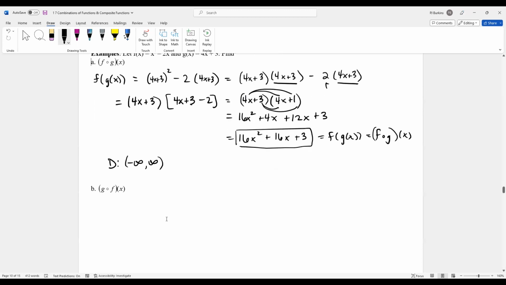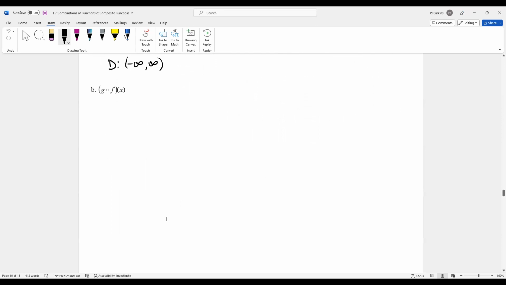All right. What if we did g of f of x instead? So now we're plugging f into the function g. Right? This is g of f of x. So the g function was 4x plus 3. So we're going to do 4 times parentheses plus 3.